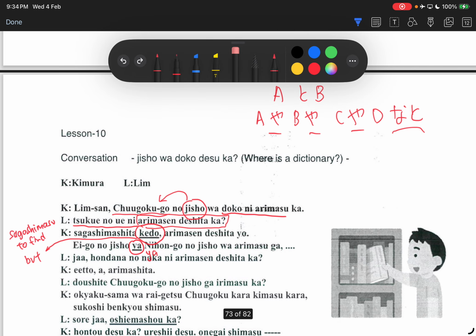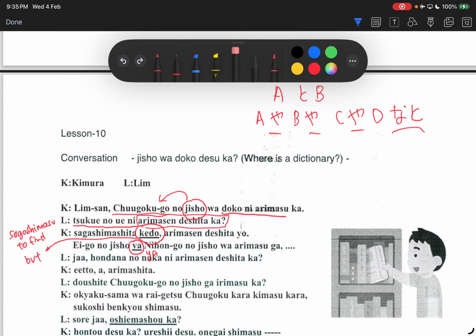Okay, so in the passage, 英語の辞書や日本語の辞書はありますが, they never close the list, right? So that means there are more items than just these two lah. There are more items than just the English dictionary or Japanese dictionary. So that's why they never use the word nado. Then they say ありますが, and we never finish the second part of the sentence.